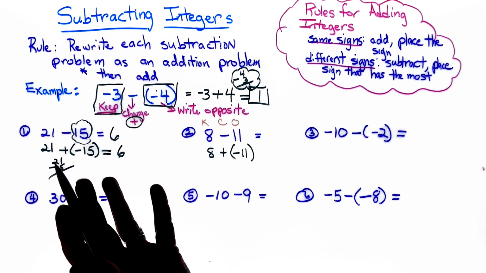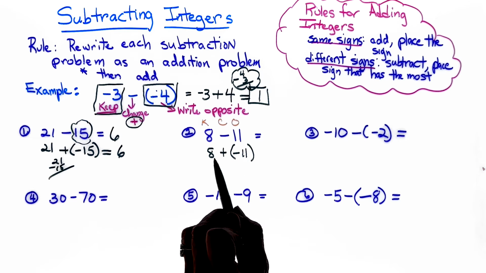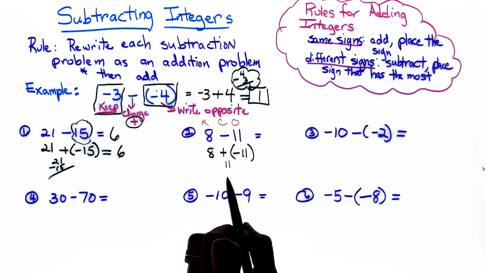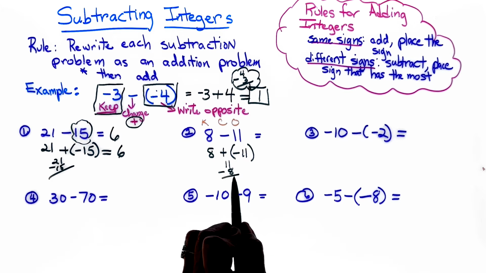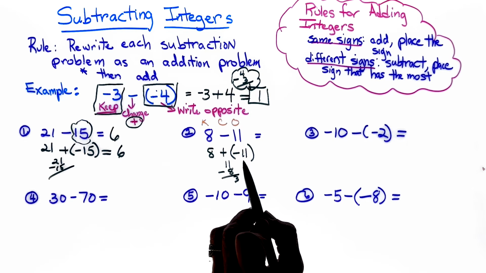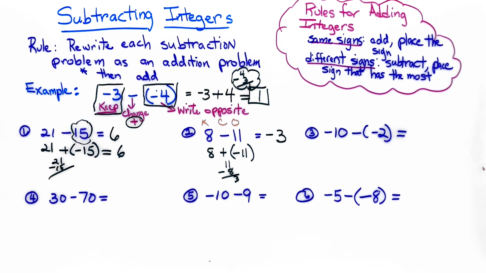Okay, so now we're just going to take the numbers without the signs, and oh, 11 has more. I'm going to subtract 11 minus 8 is 3. And I know that there's more negatives, so that's going to be a negative 3.